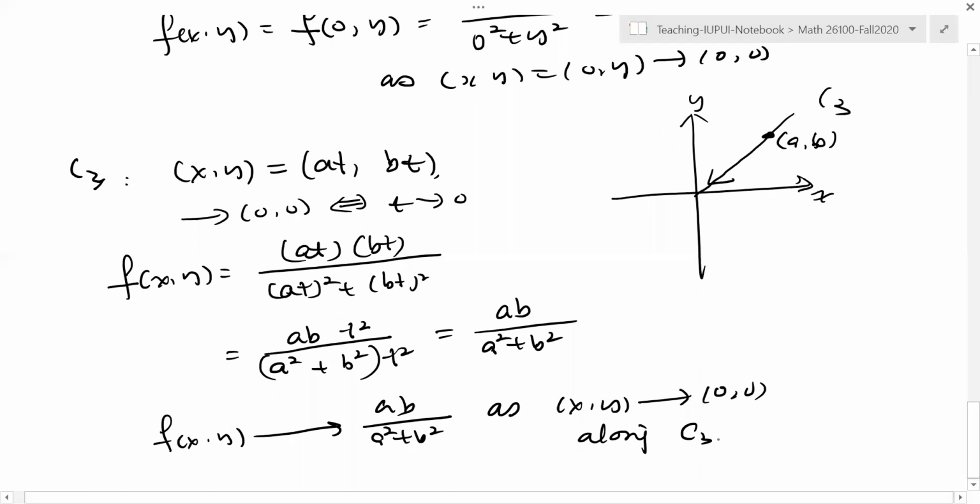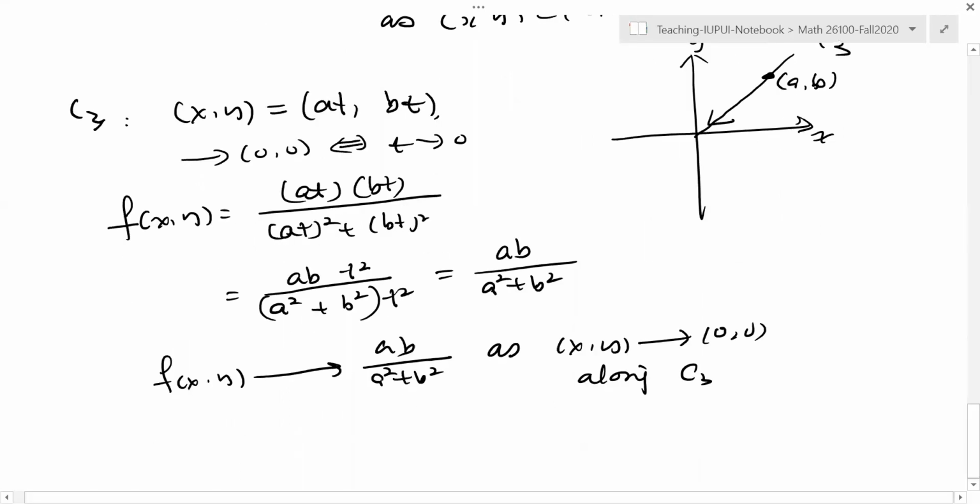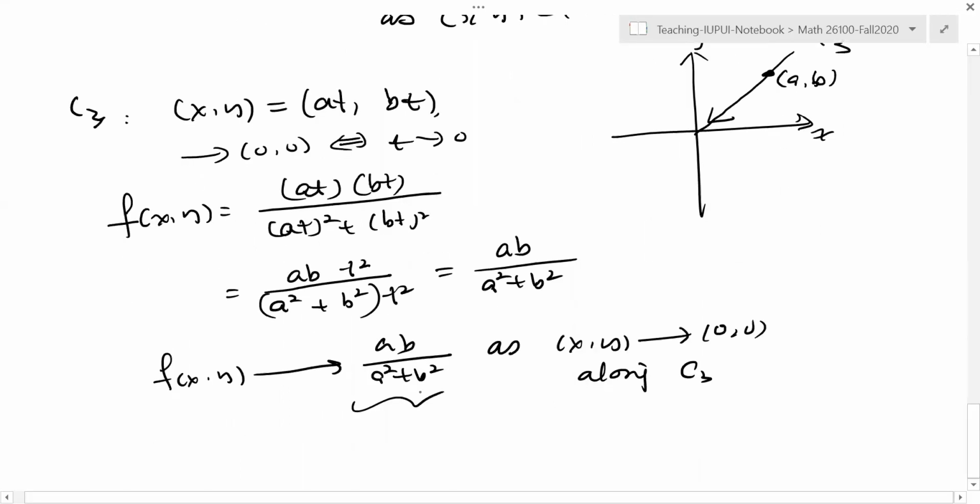C3. But clearly, this is not a constant, not a fixed number. Different values of a and b give different results.